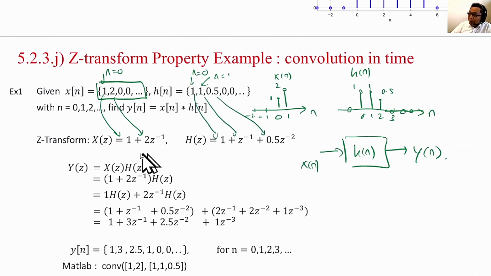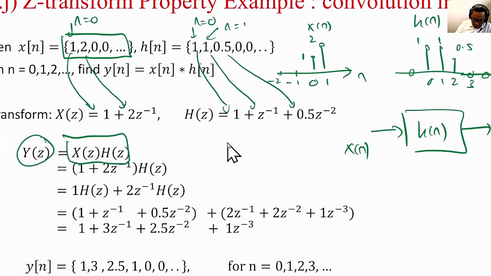Remember that we are going to use multiplication of X(z) and H(z) to get Y(z). So the idea is this. I will write X(z) first, which is 1 plus 2z^(-1). I will retain H(z) for you to see how multiplication will act on H(z). It will distribute.